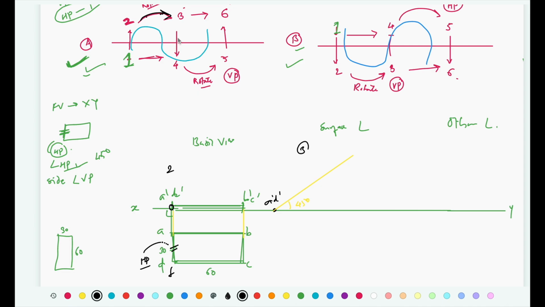The dimensions and shape are going to remain the same. So take the distance of A dash, D dash to B dash, C dash in a compass. Keep the compass at A dash, D dash and draw an arc and locate B dash and C dash. So this is going to be the second front view.